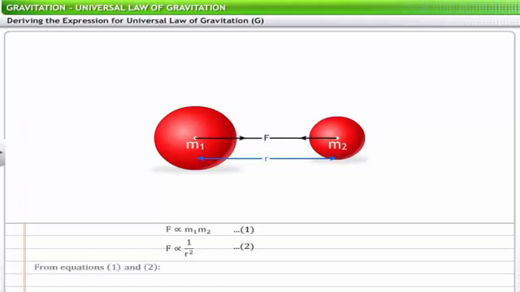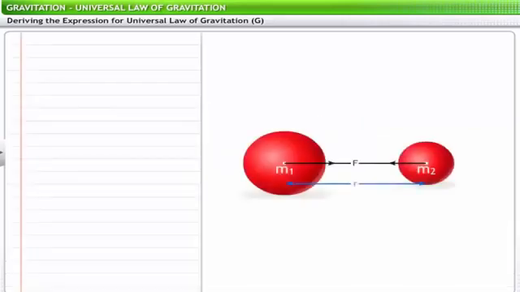By combining both these relationships, we get the gravitational force between the bodies as F proportional to m1 m2 divided by r square. To equate this relationship, we use a constant of proportionality, G, which is the universal gravitational constant. This gives us F equals G m1 m2 divided by r square.